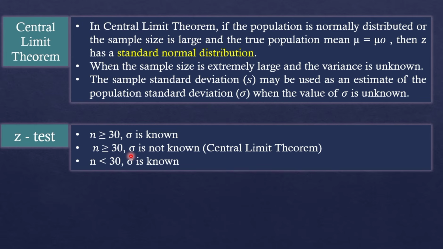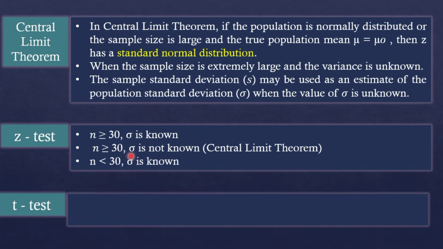And also, if your n is less than 30, meaning your sample size is less than 30, pero yung population standard deviation is known, given, so z-test pa rin yung gagamitin natin. And then, t-test ang gagamitin nyo kapag less than 30 ang sample size and the population standard deviation is not given or not known.